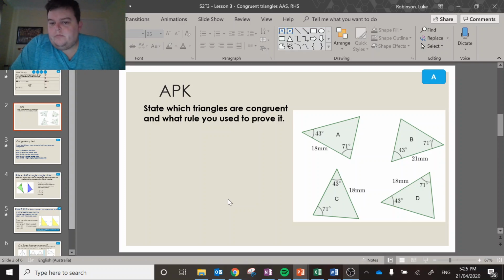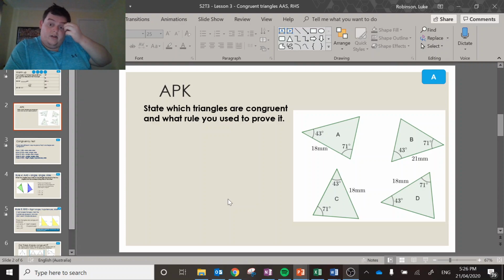Okay. So assuming that you paused the video, you may have noticed that triangle A and B are exactly the same. Or are they? Well, triangle A and B are the same, but they have a different side, so they're not. Okay? Alright.